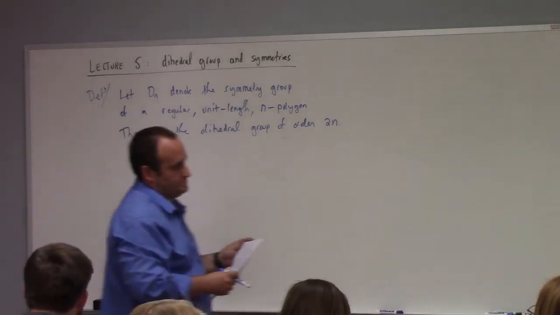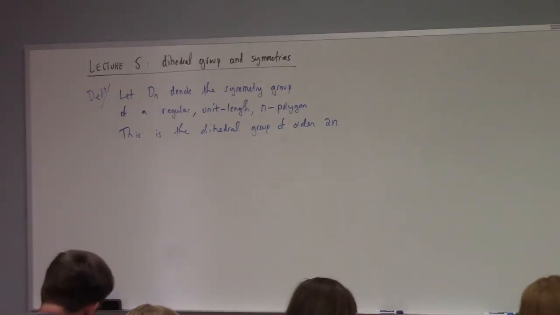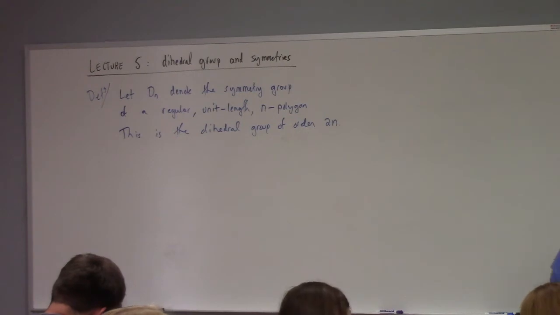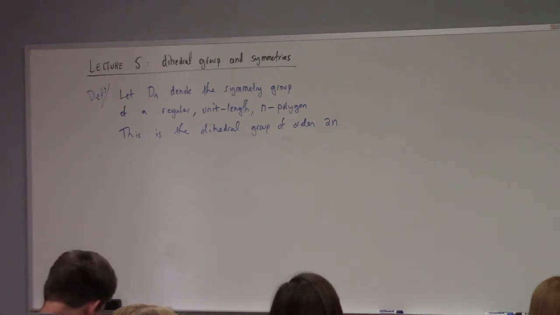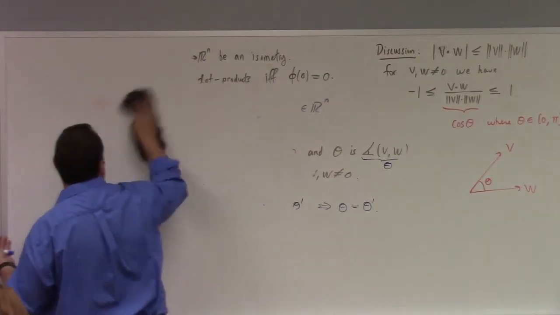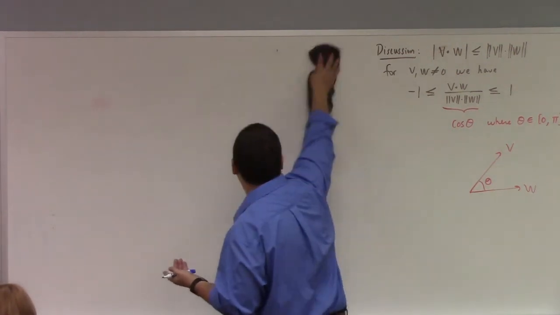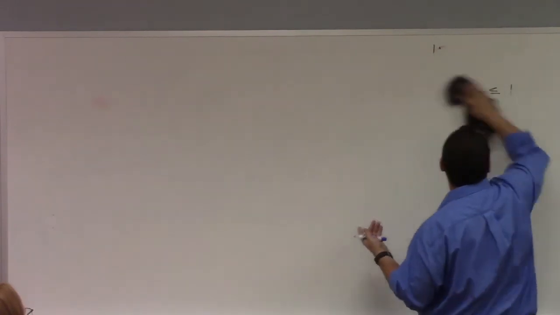All right, so this is interesting, I think. Now, I could make this definition without going through everything I just went through. The reason I went through it is that I think it's important to understand how the dihedral groups fit into a much larger discussion of symmetries, which is tied to this concept of isometries with respect to the Euclidean distance and so forth.